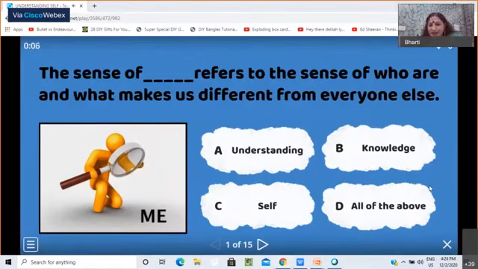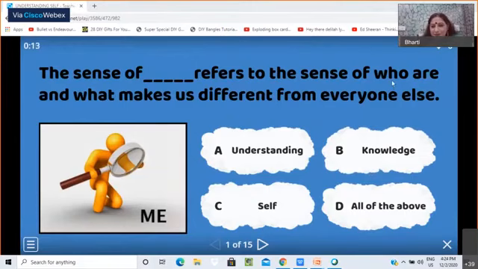and so overall well-being and what makes us different from others.